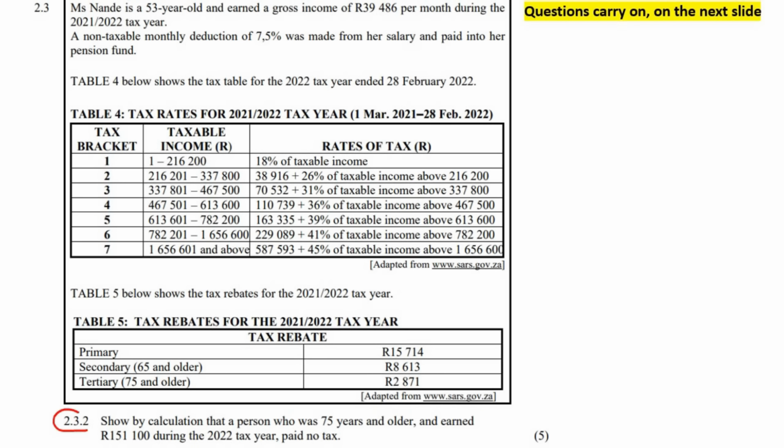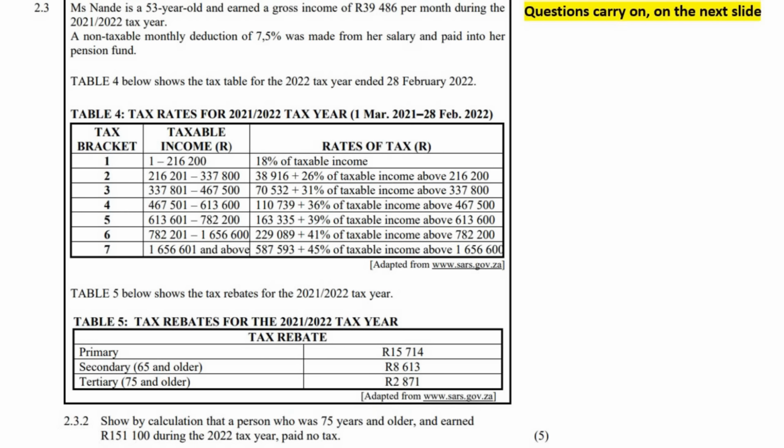So now we're going to move on to this question over here, which is for 5 marks. Show by calculation that a person who was 75 years and older and earned 151,100 during the 2022 tax year pays no tax. Sometimes these numbers are given as monthly. I've seen some questions where these are monthly, but these are going to be yearly income.